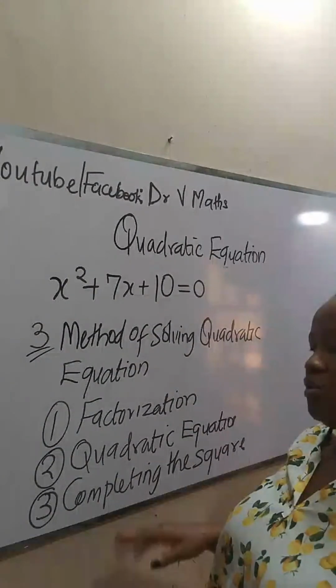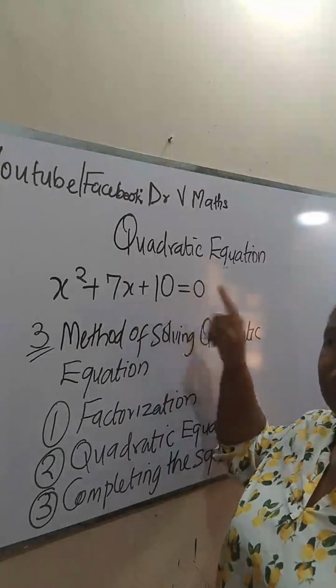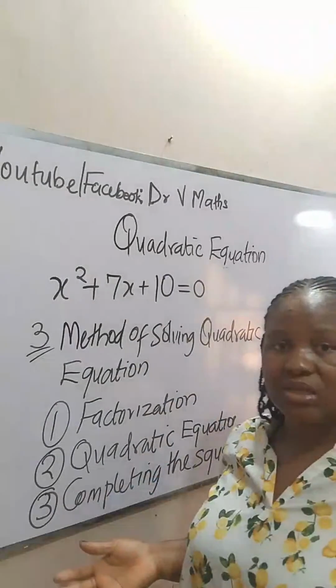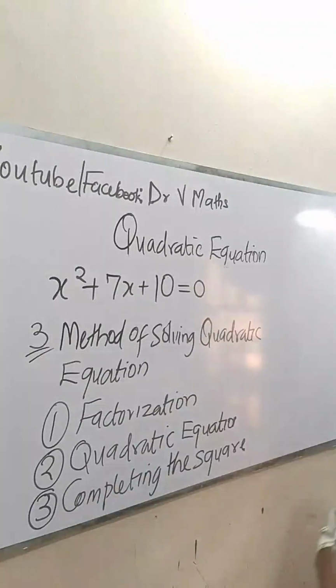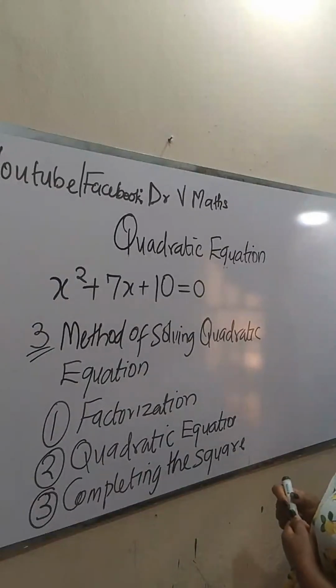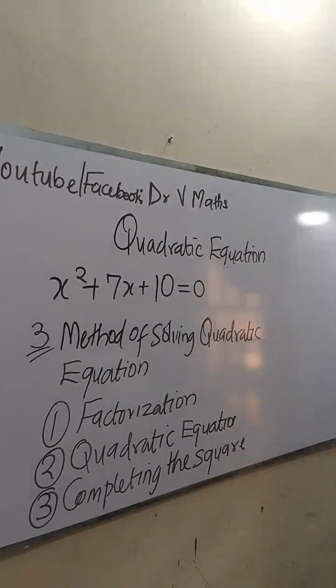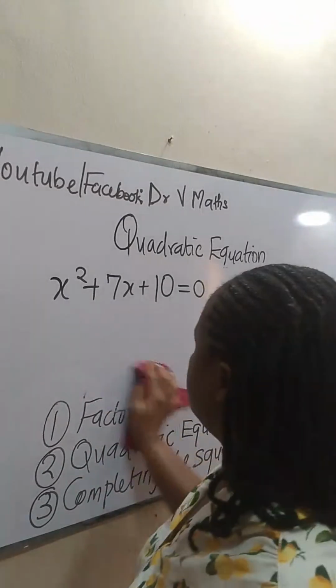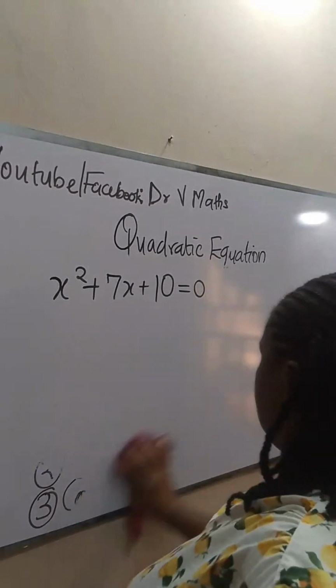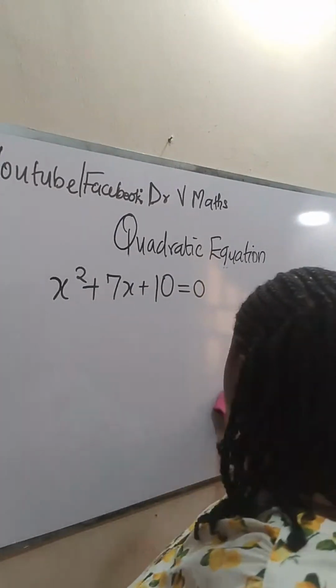When I come again on the second method, I'll go back to this example and solve it again using the same method so that you see that you always arrive at the same answer. So let's go with solving this using the quadratic formula.